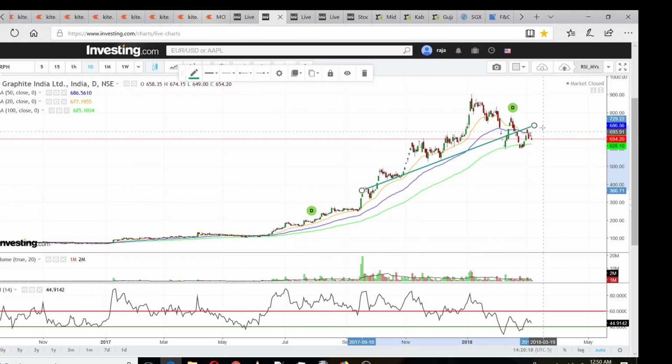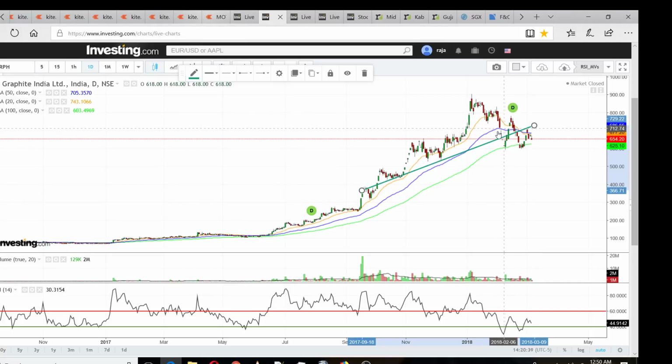So this is one of the trend lines. Now we see that once it has gone down, it has touched this 100-day EMA. It bounced back, again crossed it down, and then it is facing resistance here.